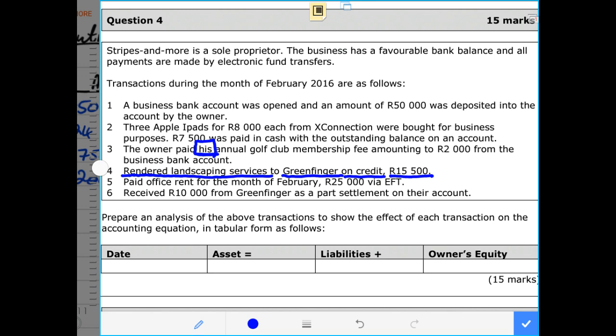They rendered a service to the client, but the client did not pay. That is why they say on account. That means the client did not pay for the services that were rendered by this business.